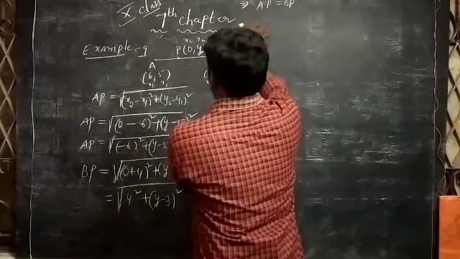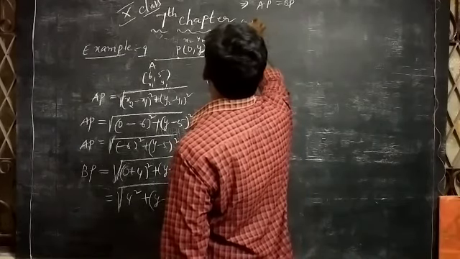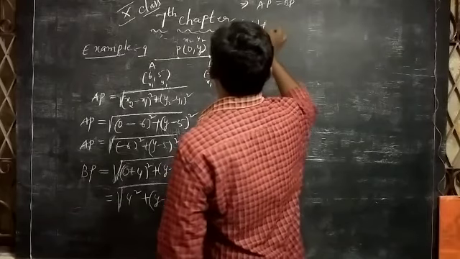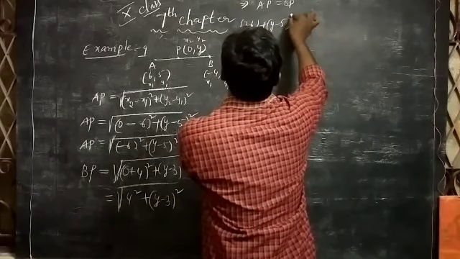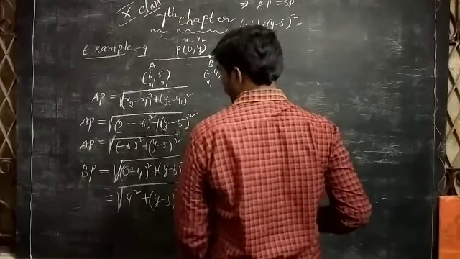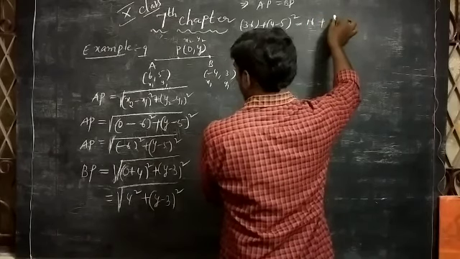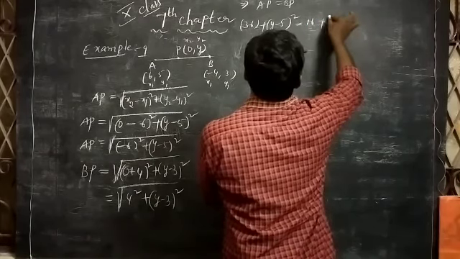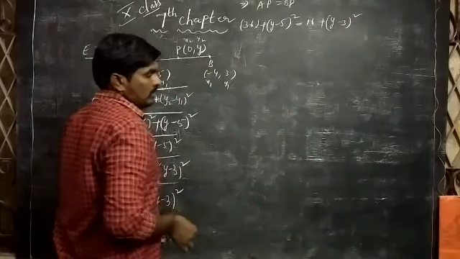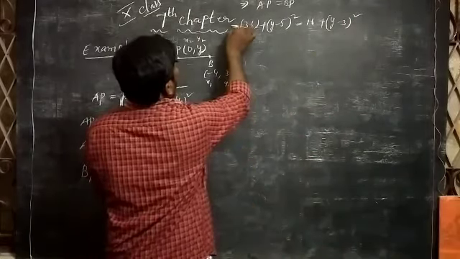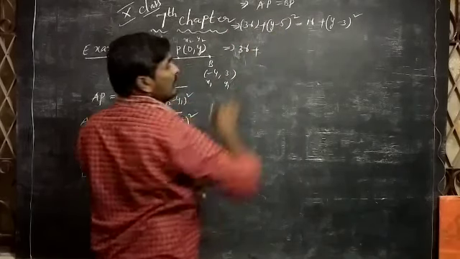Without root, minus 6 whole square means how much? 36, plus y minus 5 whole square is equal to, here 4 square means 16, plus y minus 3 whole square. Okay students, now this implies 36, it is in the form of a minus b whole square.